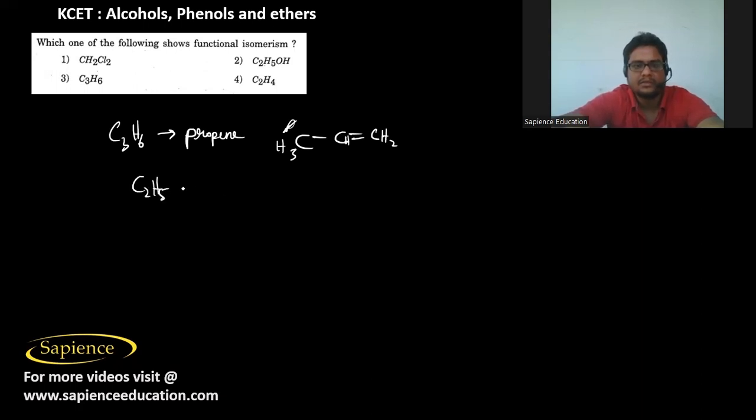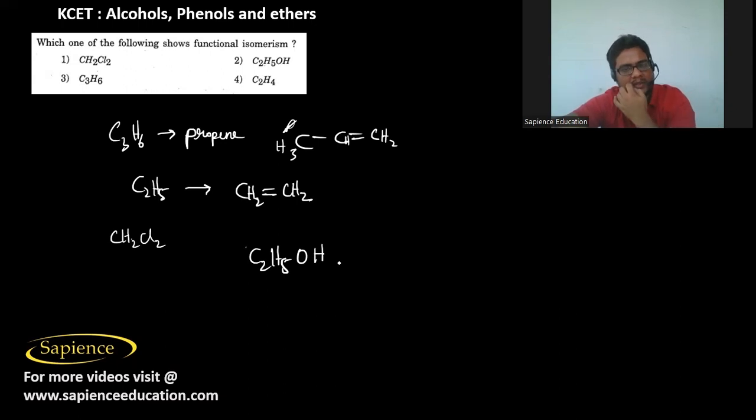C2H4 is ethene, which can't show functional isomerism, and CH2Cl2 can't show functional isomerism, and only C2H5OH can show functional isomerism.